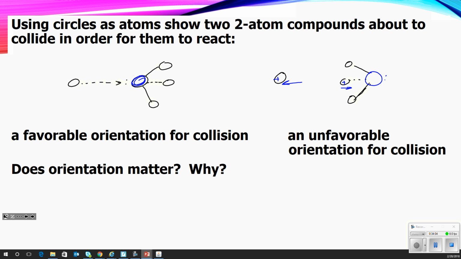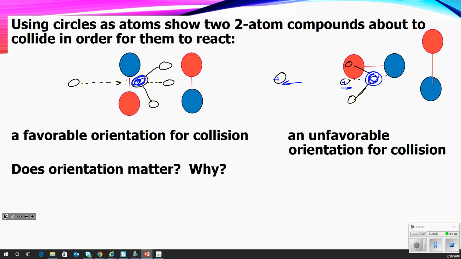If the nitrogen is faced away from that hydrogen, it's not going to happen. So does orientation matter? Yes, it does. Not in all reactions, but in reactions where there is just one place for the molecule or atom to go.